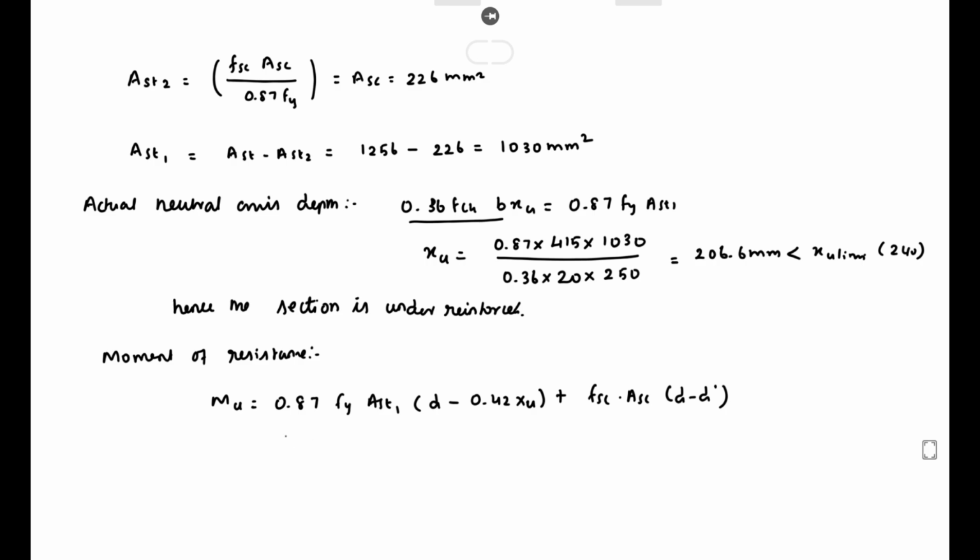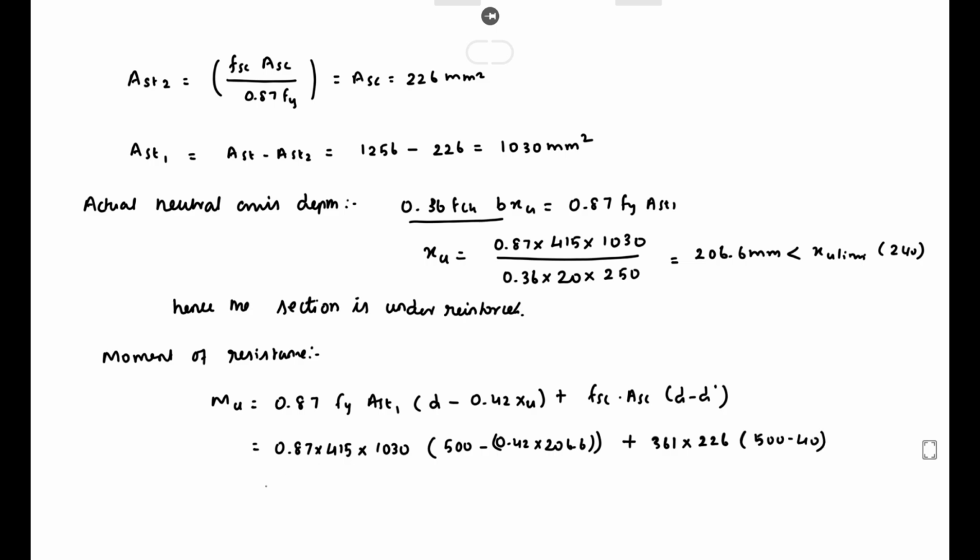Now we can substitute all the values: 0.87, fy value 415, into Ast1 value 1030, into d value 500 minus 0.42 into 206.6, plus fsc value 361 into Asc value 226 into d value 500 minus 40.